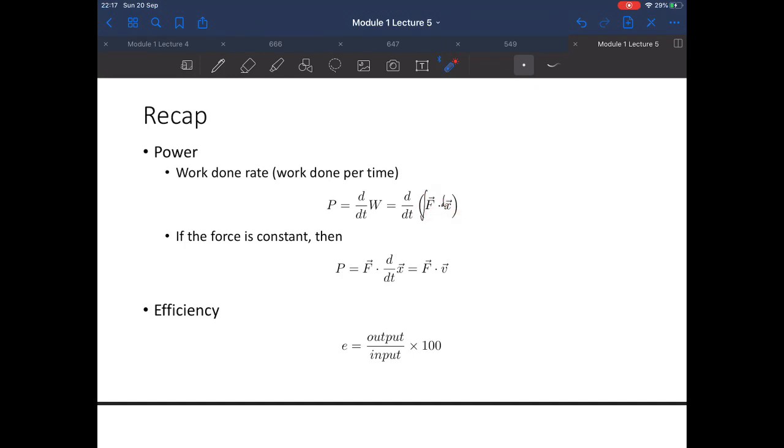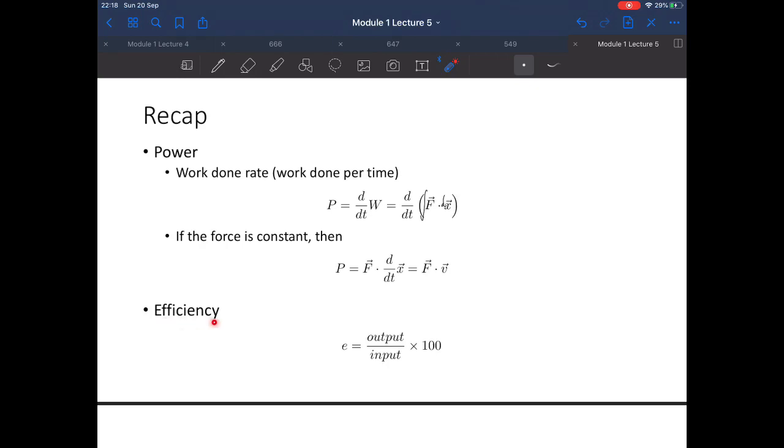Now, if the force is constant, this means this F is constant, then you can put F out of the integral, and what you have is just dx by dt here. So P equals F dot dx by dt, or F dot v. This is only true when the force is constant. Okay, so this is how you find the power.